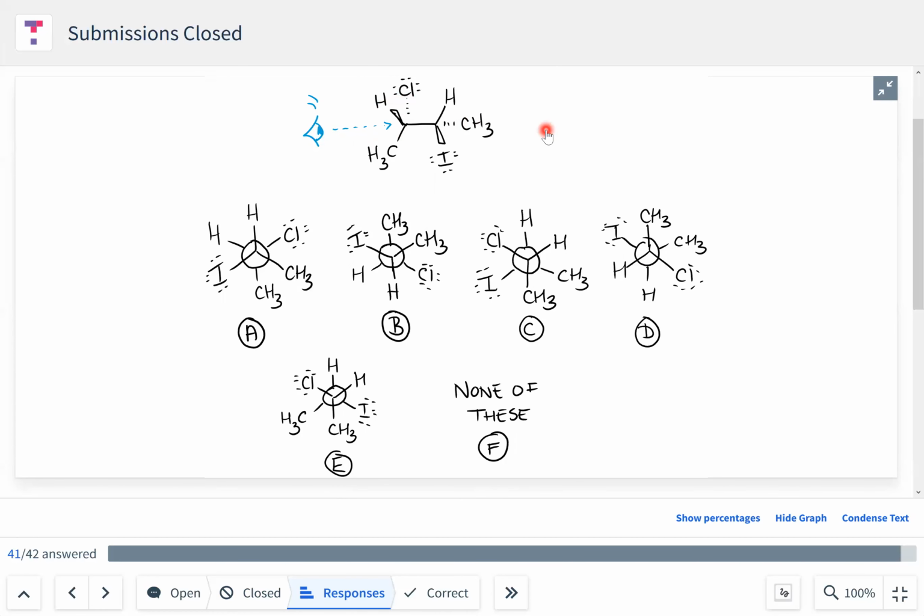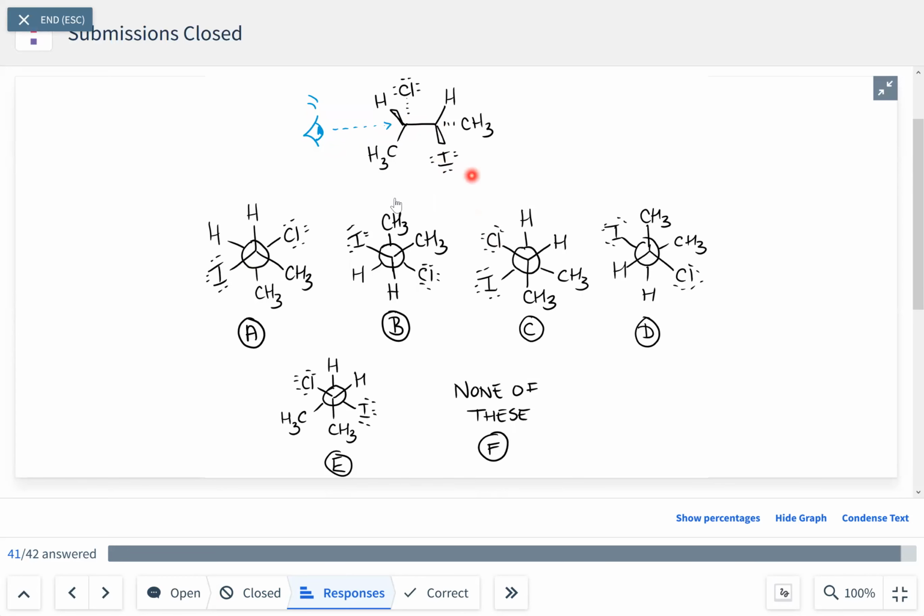So if you were to turn yourself so you're looking at the far wall, and this is the plane of the board where your eye is, everything on your left-hand side is into the wall, and everything on your right-hand side is pointing further away. So the wedges are on the right-hand side. So this H and this iodine are on the right-hand side.